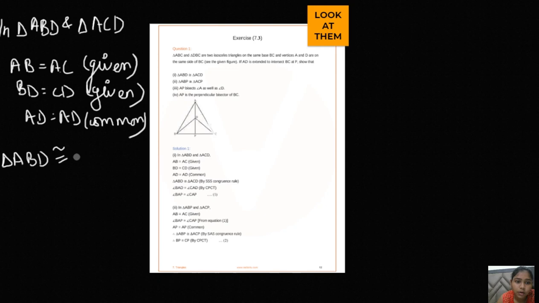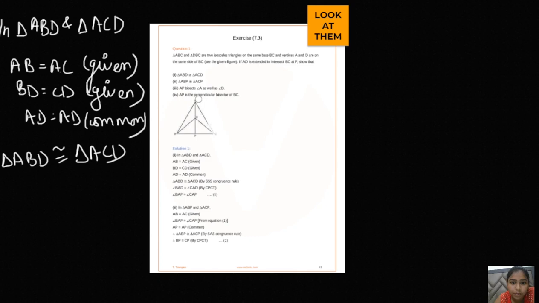The second part is triangle ABP is congruent to triangle ACP. This is triangle ABP and this is ACP. In that case also, AB is equal to AC, that is given. Then angle BAP is equal to angle CAP. Why? Because by CPCT, we made both triangles equal, so we can consider these angles equal. Then AP is common, so by the SAS congruency rule both of them are congruent to each other.